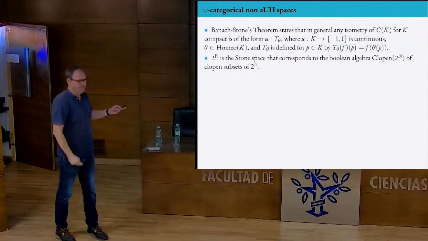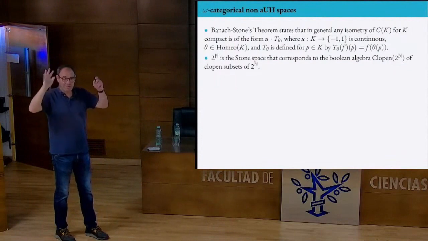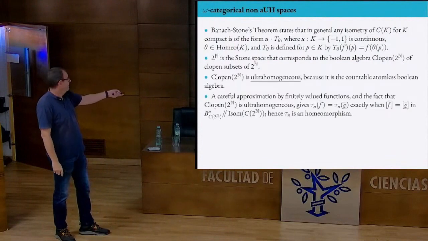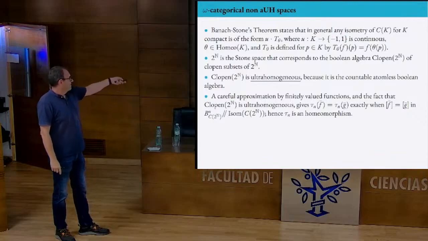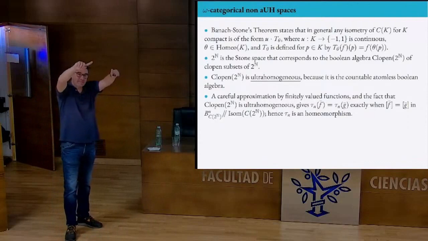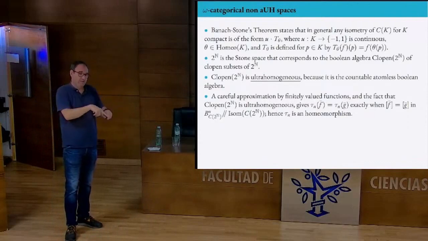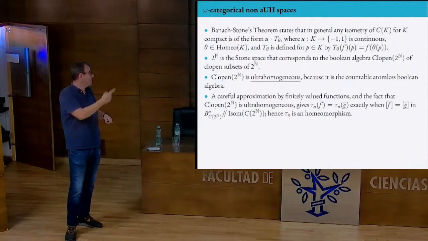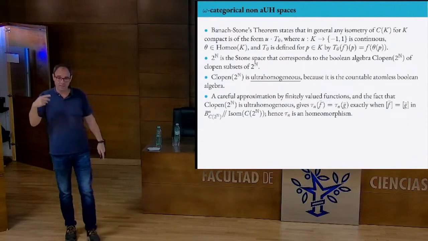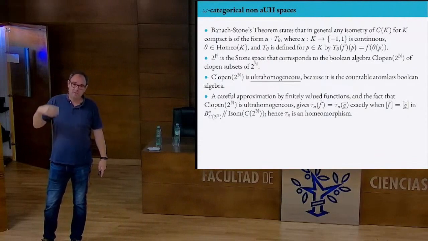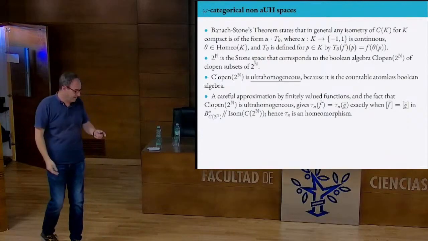I'm being very fast, but maybe you get this idea. What you need to know is that if the image is the same, then you can move f to g as close as you want. And that's key. In order to do that, you are using that the countable atomless Boolean algebra is ultrahomogeneous in its category.